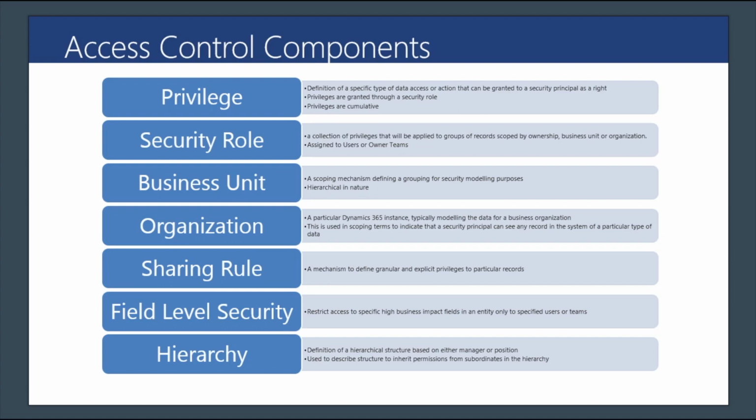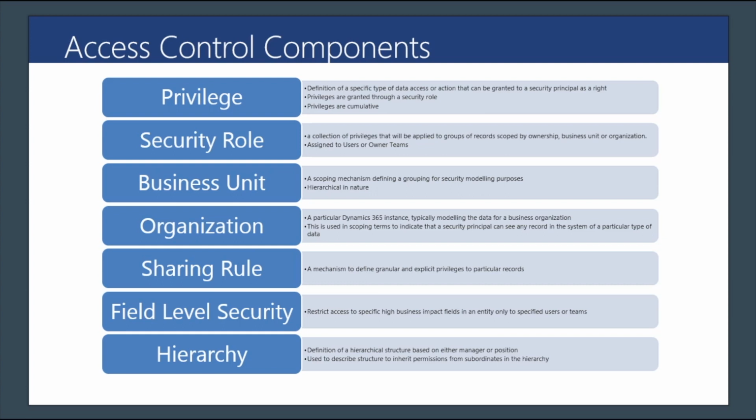For example, there's privileges to create a given record type in the system. There's also broader privileges for things like the ability to export data from the system or import data. Privileges are granted through a security role, and they're also cumulative.